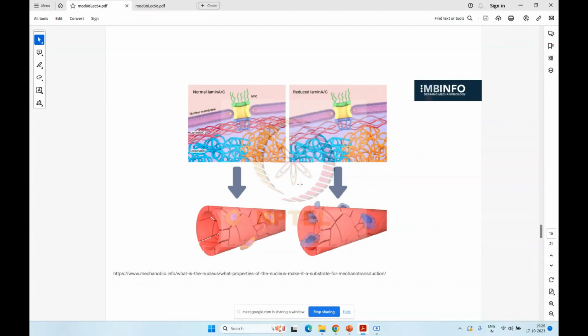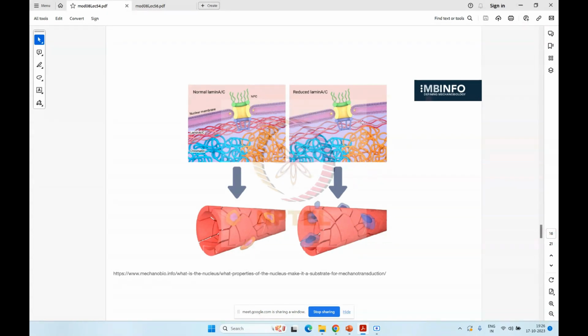Also, depending upon how much you perturb the presence of lamins in the cell, it would lead to different activities of the cell. If you perturb the presence of various nucleopore complex, it would affect the cells differently.